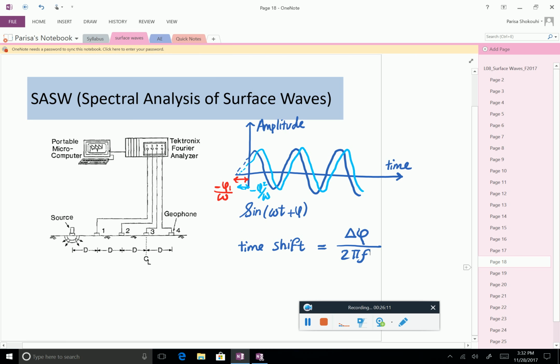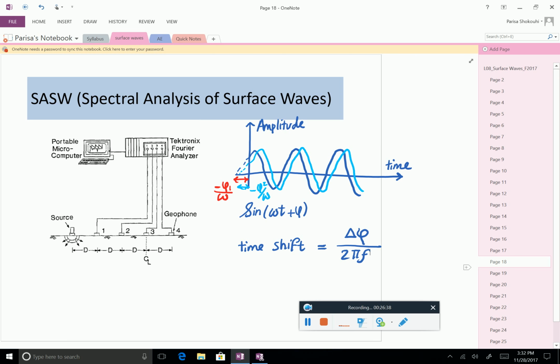For each frequency, if I know the phase difference, I know the time shift. Now, of course, your signal is going to have a lot of frequencies. What do we do? What should we do? Exactly. We do Fourier transform. We go from time to frequency domain, and at each frequency we do that. And that's how we get the dispersion curve.